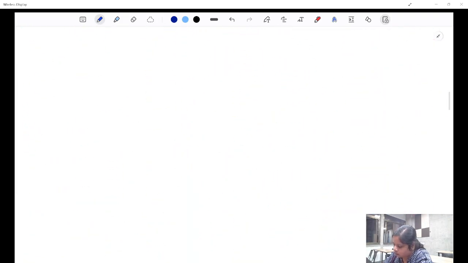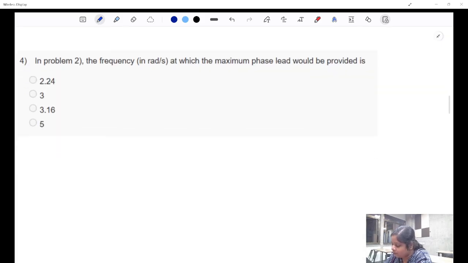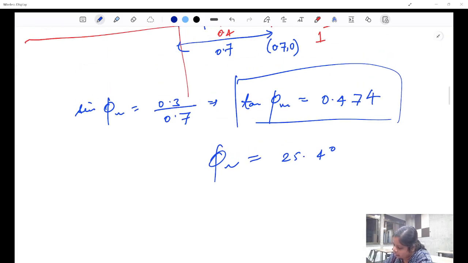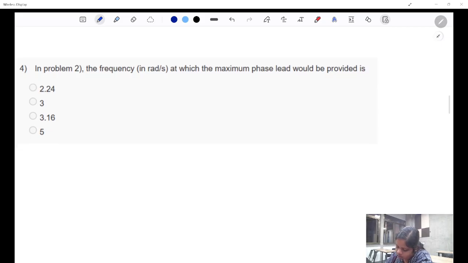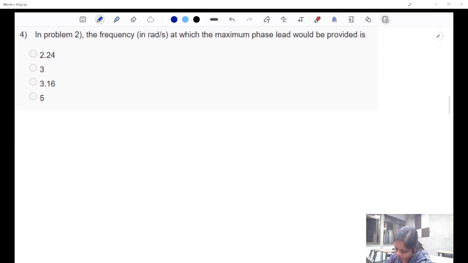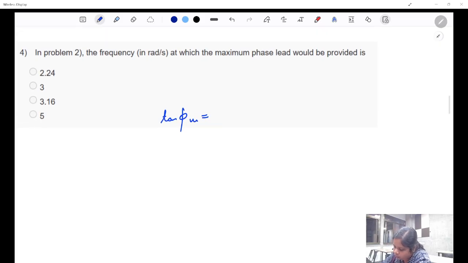So once we have found this phi m, it happens at some frequency, and that frequency is called the corresponding frequency. So how do we calculate this frequency? We saw that tan phi m was equal to 0.474.